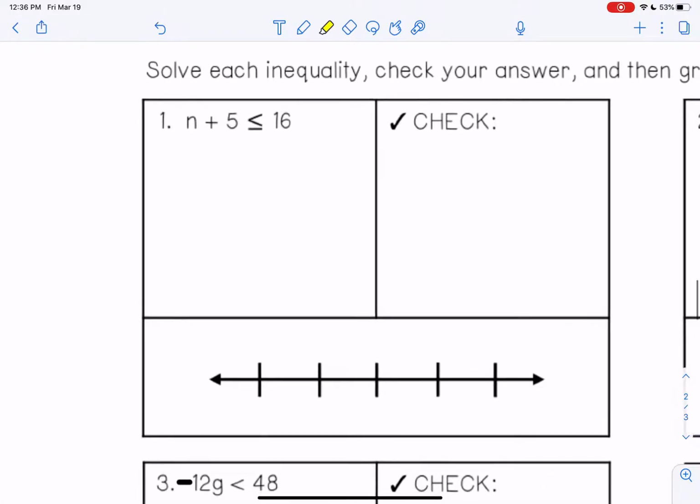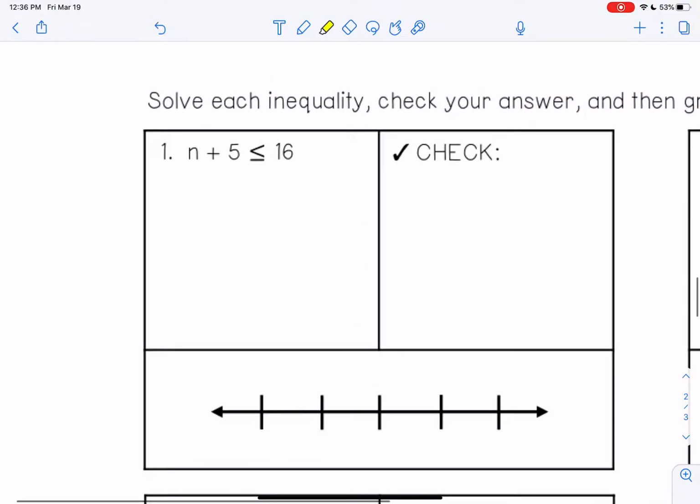So first example, here we have n plus 5 is less than or equal to 16. Just like in equations, we're going to draw a river. Second step, we're going to do the inverse operation. So if this is n plus 5, then we're going to do the opposite and subtract 5.